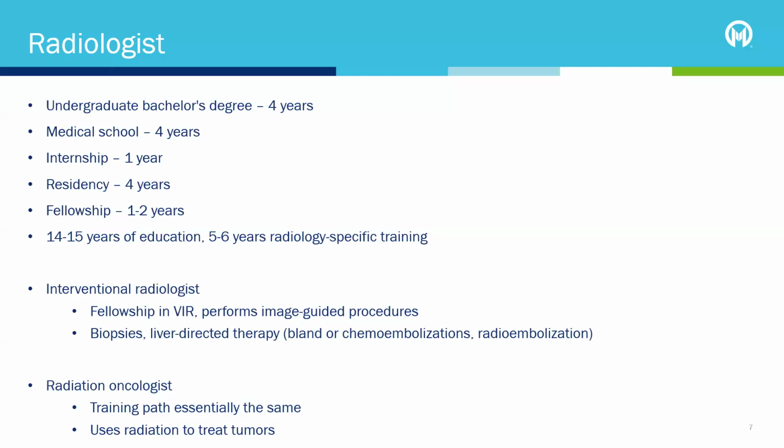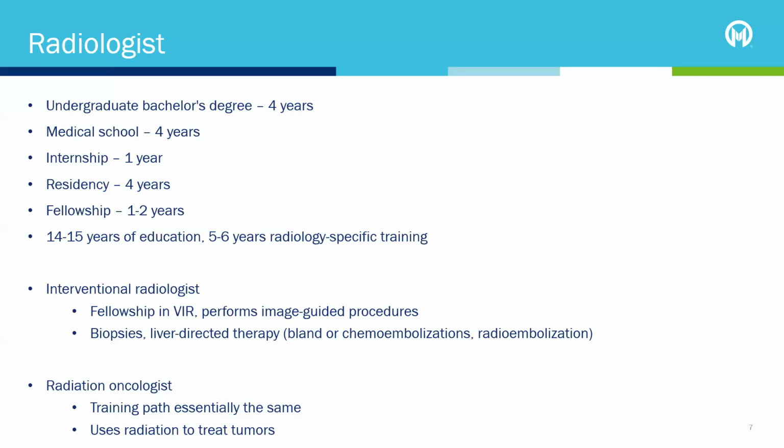And just to bring up quickly, it gets a little confusing because there are other doctors who have radiology or radiologists in their name. There are interventional radiologists who do very similar training, except their fellowship years are spent in what's called interventional radiology. And that's a lot of biopsies. Radiologists do biopsy, but an interventional radiologist may do the more complicated or high-risk biopsies.